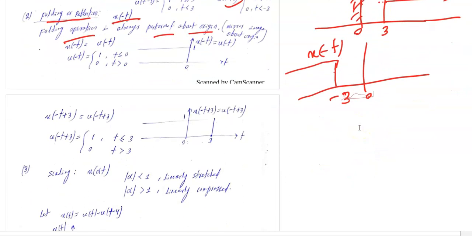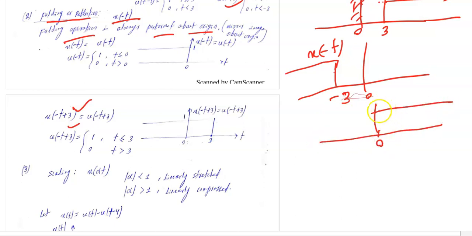You can combine the folding and shifting operations. You can do them one by one, or you can do it first. For example, my x(t) is like this.